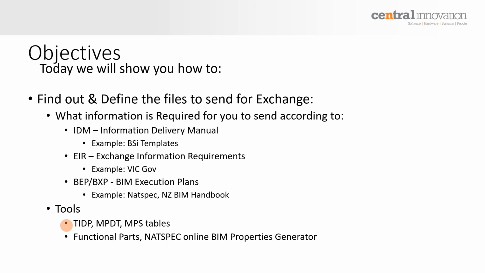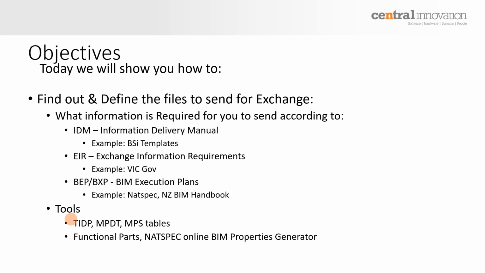So for those, we're going to take a brief look at the information delivery plans, the model progression tables, and particularly we're going to look at a tool that we have in Australia from Natspec that generates properties.